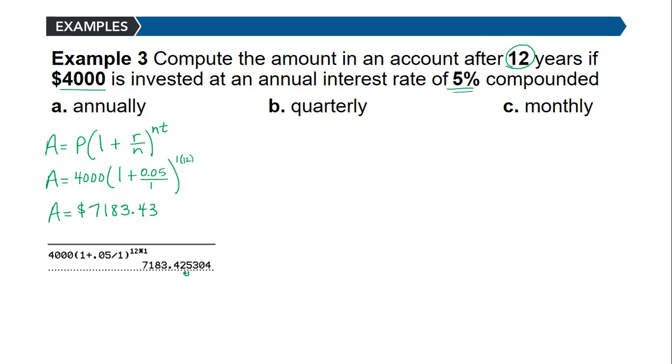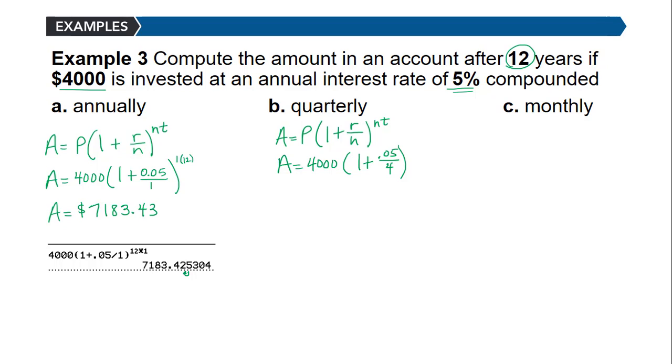If we wanted to compound quarterly, the only difference in this calculation, we still have A is equal to P times 1 plus R divided by N raised to the NT. A would be equal to 4,000 times 1 plus our rate, which is 0.05, divided by N. So compounding quarterly means 4 times a year.